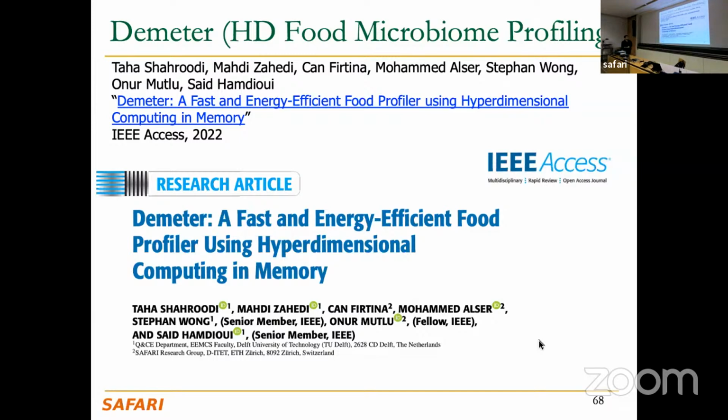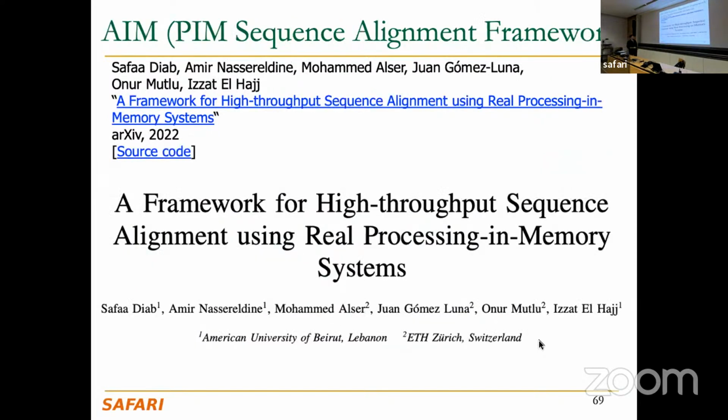We also have other approaches where we use processing in memory to perform, for example, genomic profiling, where we identify whether there are harmful pathogens in the food that you're analyzing. And we also published other works where we use, again, processing in memory to perform approximate matching, the alignment step.